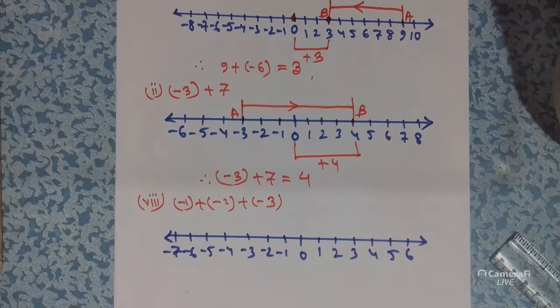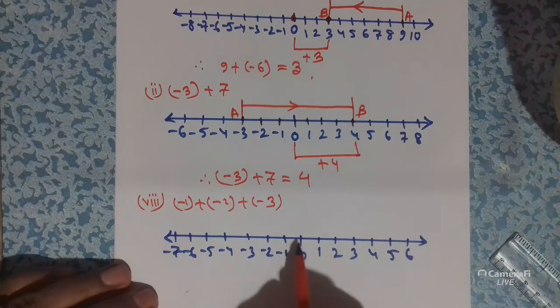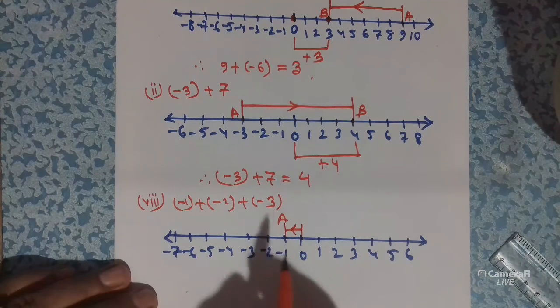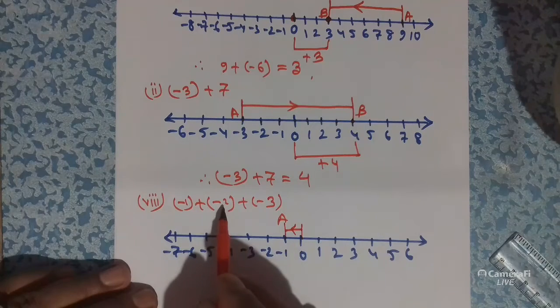Now our first integer is minus 1, that means negative. So we have to move towards left. So from the 0 at first we have to go minus 1. Then from this position we have to move 2 steps towards left, because this is also negative.